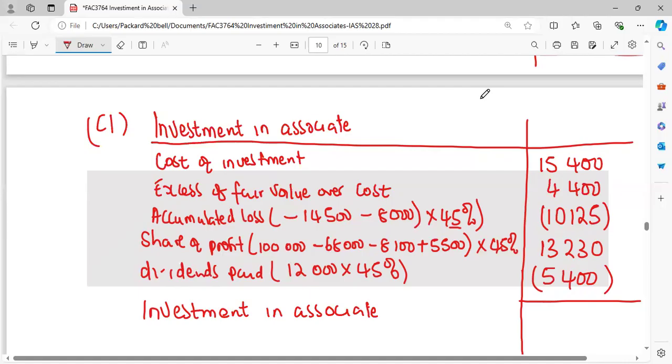So the investment in the associate is going to be 17,505. So this is going to be your investment in the associate.